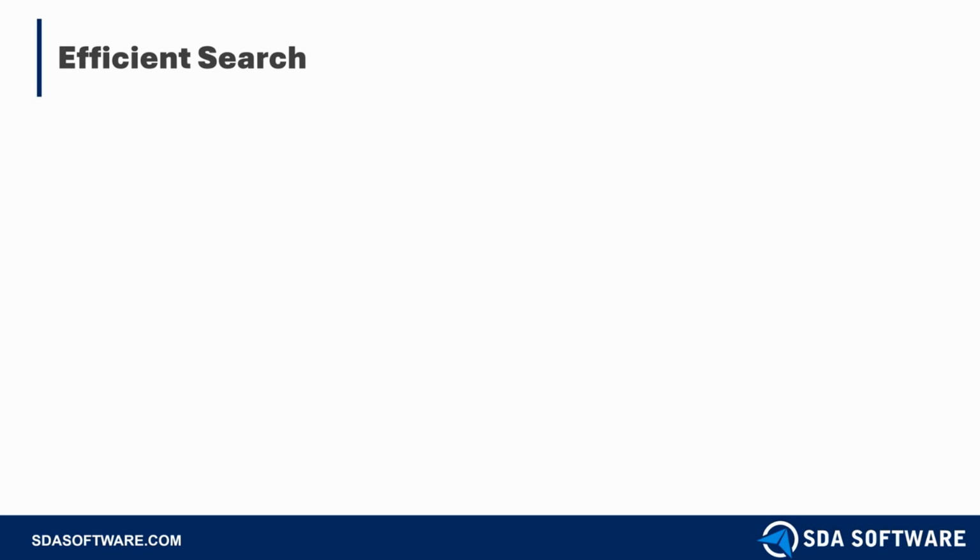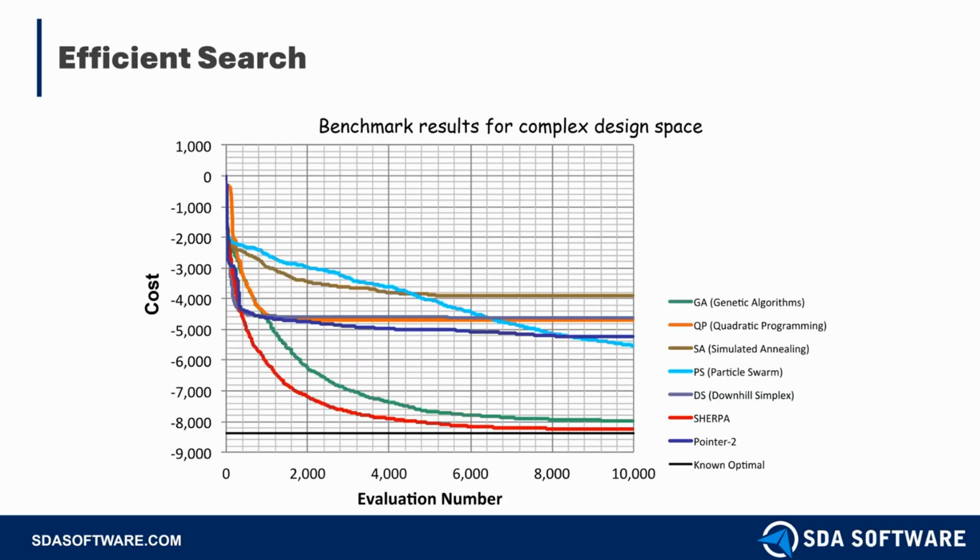Now we've looked at how SHARPA offers you accuracy, or how it drives to the absolute minimum. Now let's look at how efficiently SHARPA or HEEDS can do it. This is a plot of the benchmark result of maybe a complex design space of any sort. The vertical here is an analogy, so just think of it as cost reduction, cost, whatever helps you imagine this.